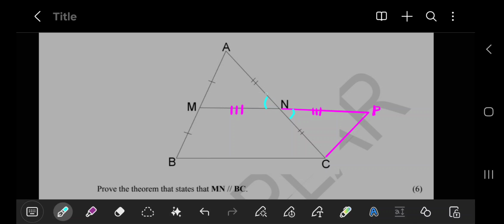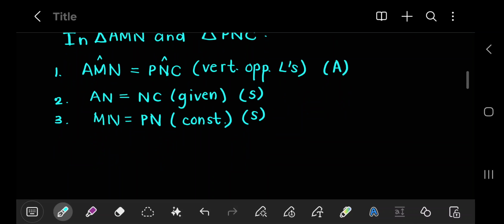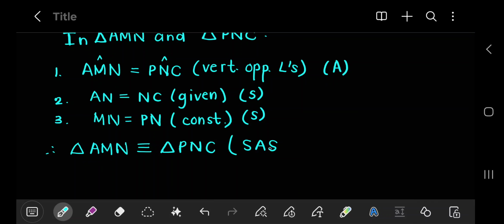So we've got a side, angle, and a side. Same thing on the other triangle, side, angle, and a side. So when we state that they are congruent, we're going to say triangle AMN is congruent to triangle PNC, and we used side, angle, side.